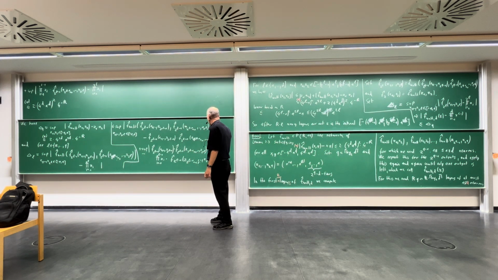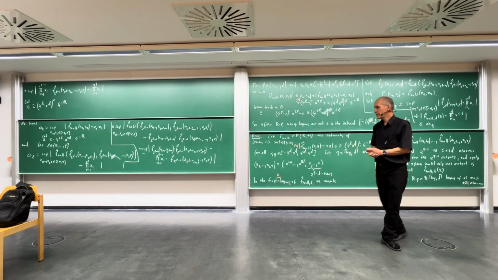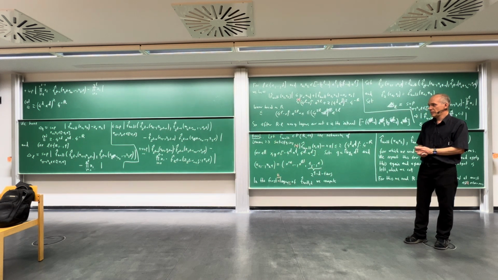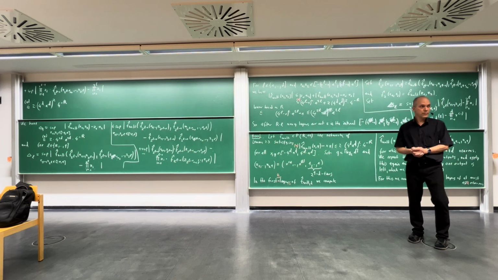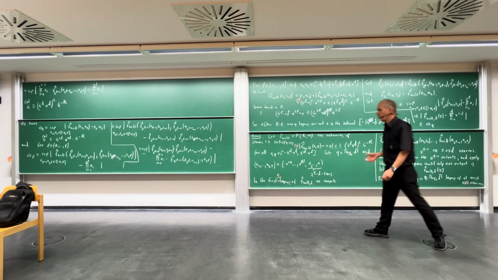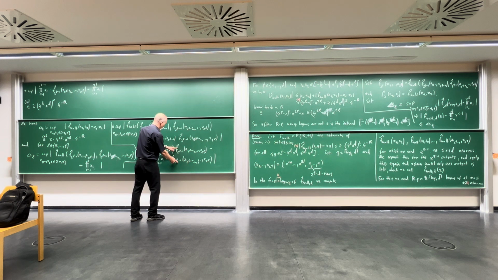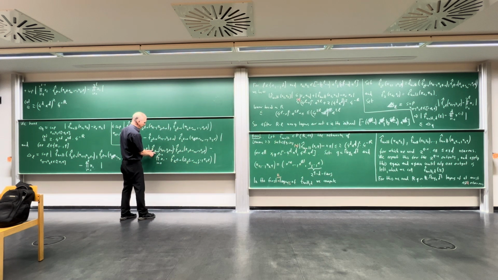So the second term is this guy here. You see what you can do: you can move this one in front, then you have this f hat minus the product.